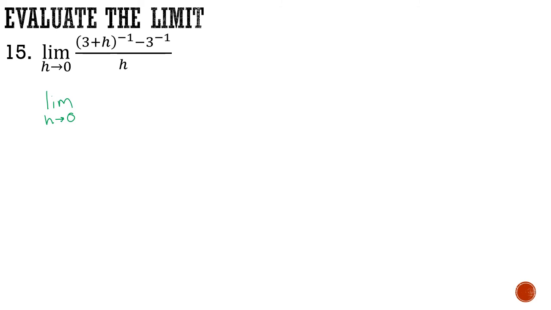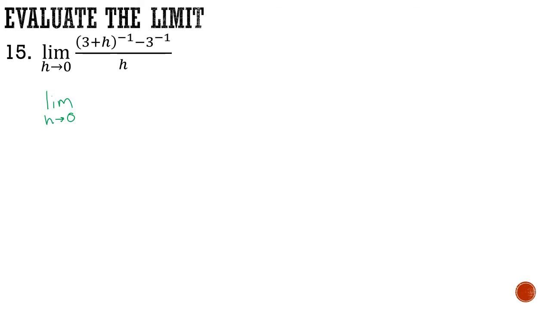Notice it's the limit as h approaches 0, not x approaches 0. There could be any variable. It's the variable that's within the function. So if you look at this problem, it doesn't say 3 plus x to the -1. It says 3 plus h to the -1. So we're talking about that h approaching a certain value.